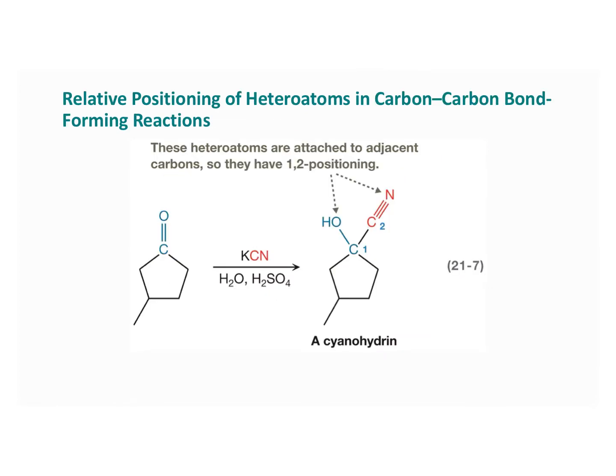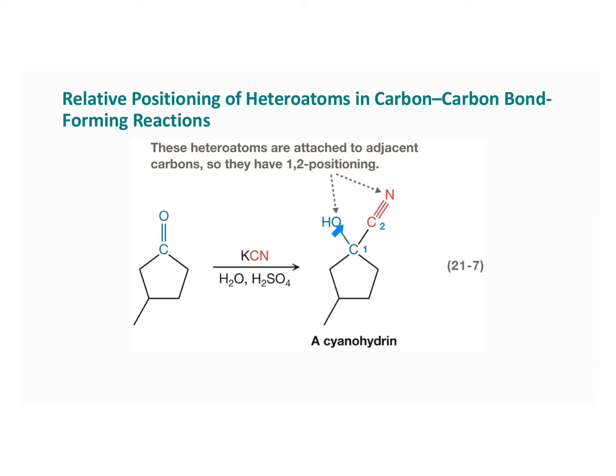For example, in the formation of a cyanohydrin, shown here in equation 21.7, a carbon-carbon bond is formed between the cyanide carbon here and the carbonyl carbon here. Notice that the two heteroatoms in the product, the nitrogen here and the oxygen here, are attached to carbon atoms that are adjacent to each other.